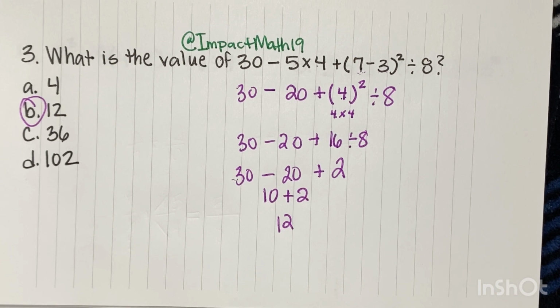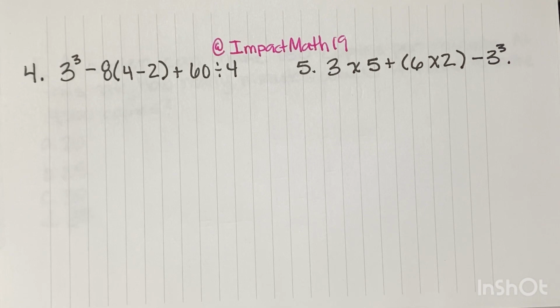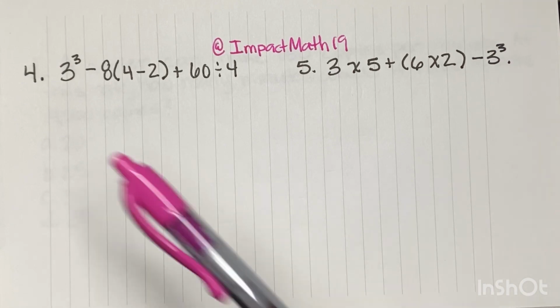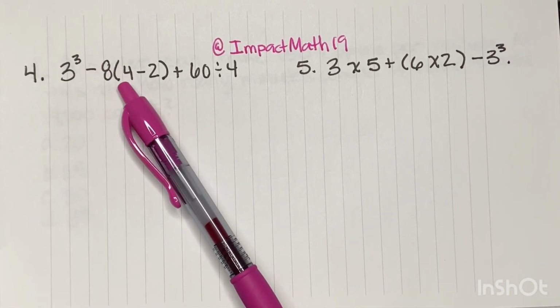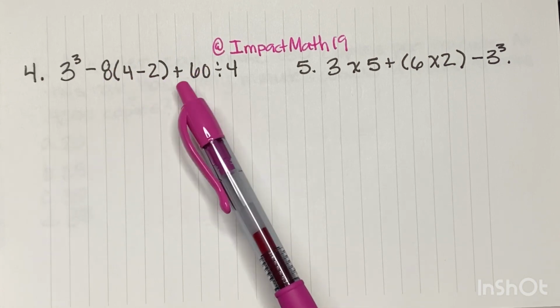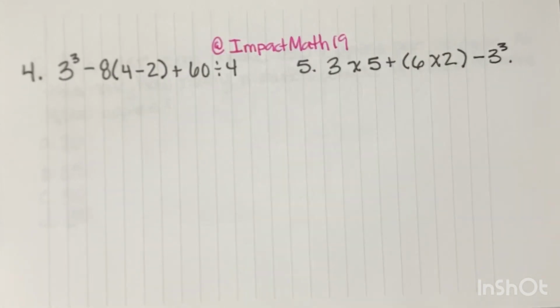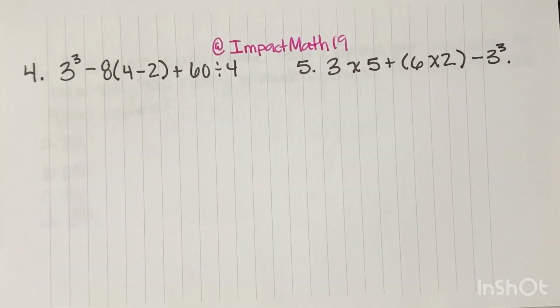We're going to go to the next problem. I suggest you pause the video and see if you can get it, okay? All righty, order of operations. So we have 3 to the third minus 8 times 4 minus 2 plus 60 divided by 4. So let's first start with our 3 to the third.